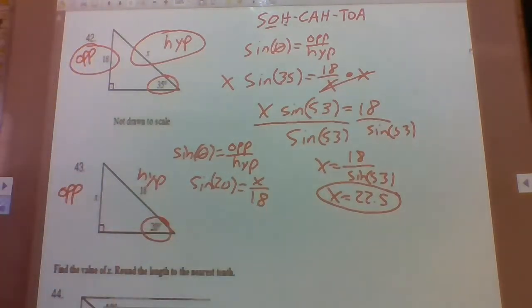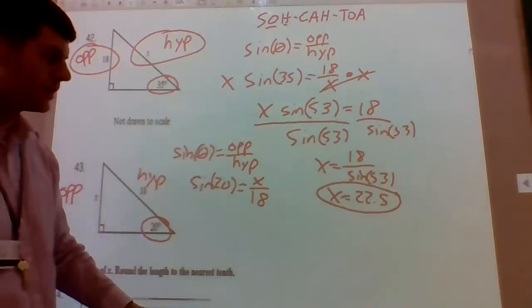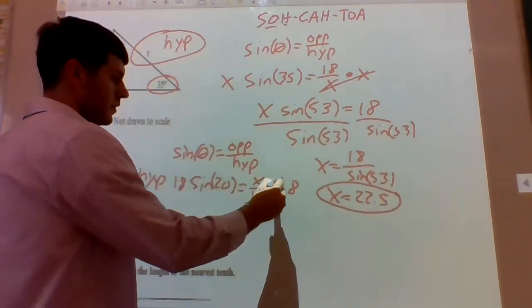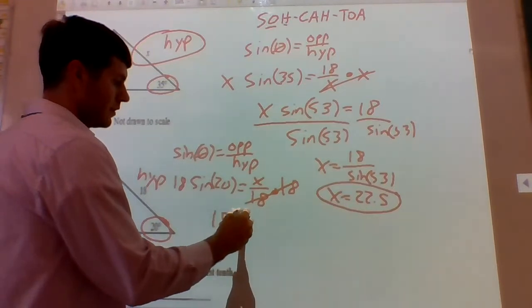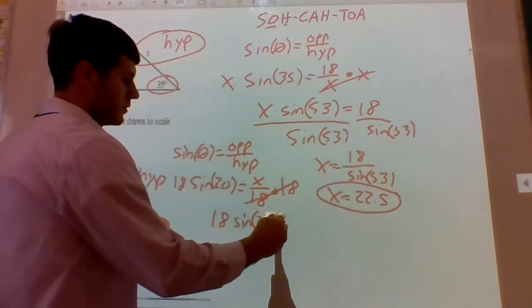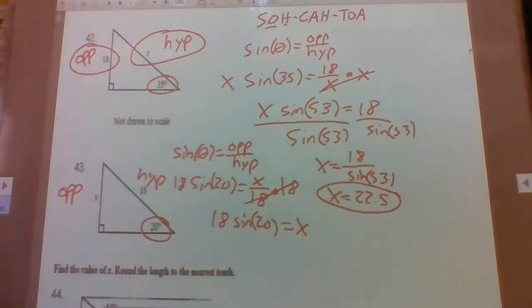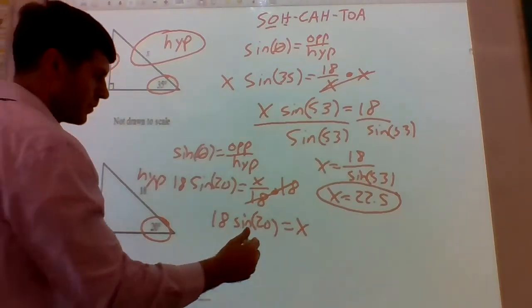We want to get x by itself, so we've got to get 18 out of the denominator. We multiply both sides by 18. So 18 times the sine of 20 is going to be equal to x. That gives 6.15636. They want the nearest tenth, so 6.15 is going to get rounded up to 6.2.